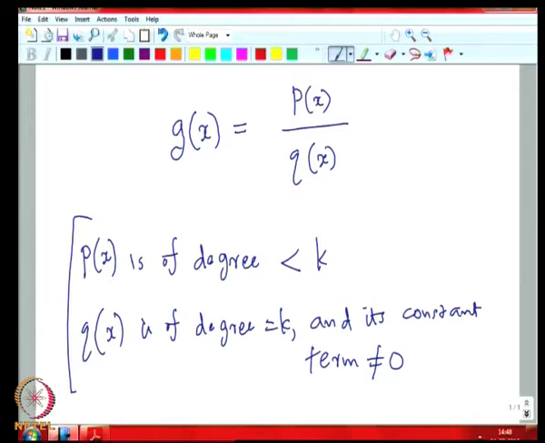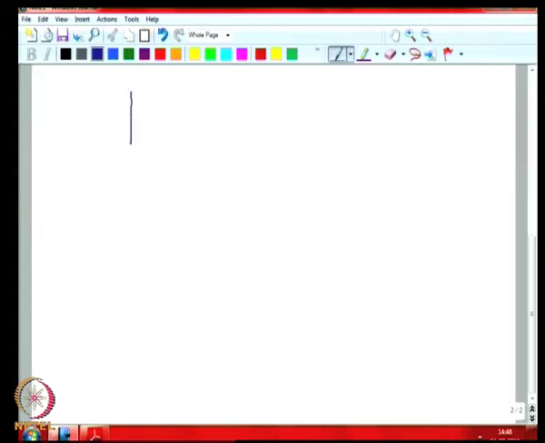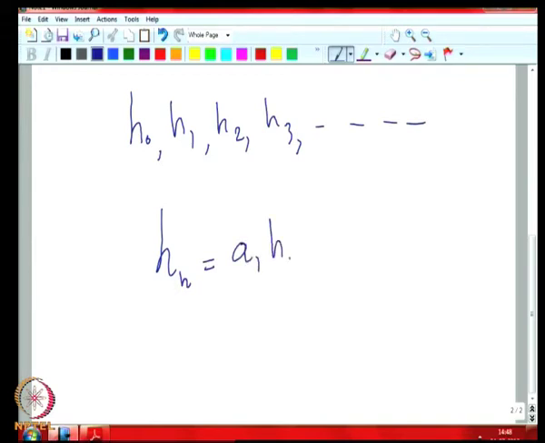Now, we will show that there exists a sequence H0, H1, H2, H3 and so on such that it will satisfy a relation of this form: Hn equal to A1 into Hn minus 1 plus A2 into Hn minus 2 plus and so on up to Ak into Hn minus k.